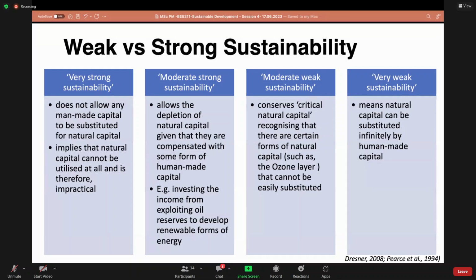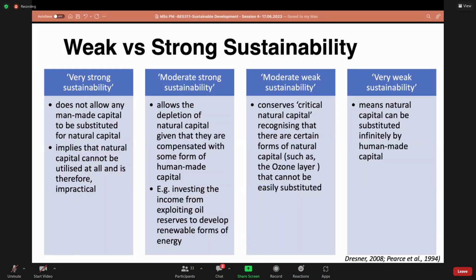So you have moderate, strong sustainability, where you are allowed to deplete or use up certain amounts of natural capital if you are able to compensate that with some form of human-made capital.